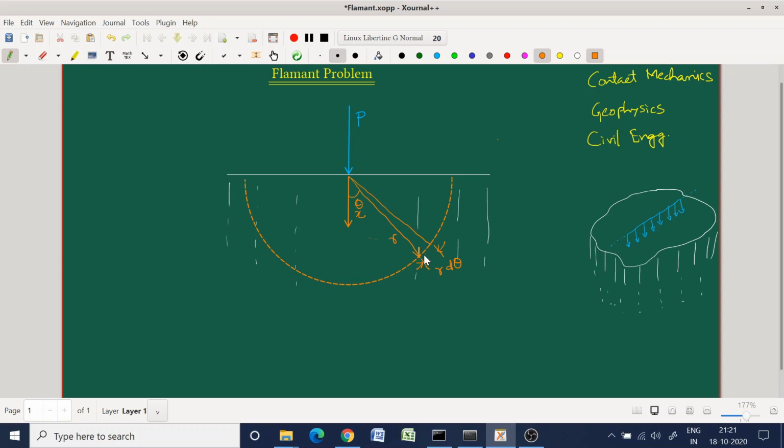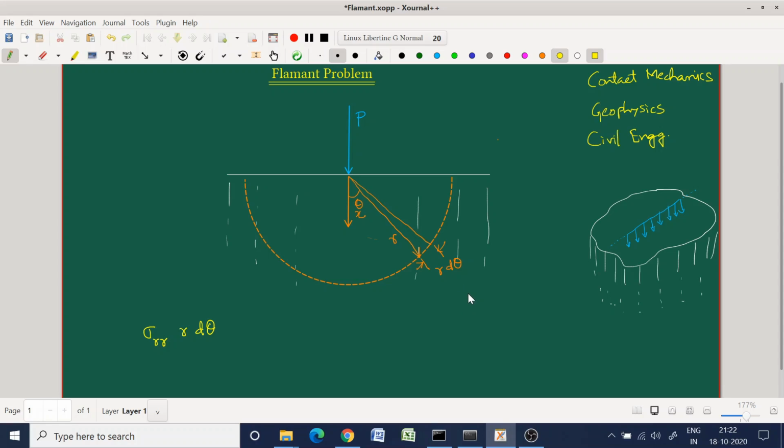Suppose you consider this little arc itself, so we'll have some kind of a sigma RR here. That sigma RR, when it is multiplied by the r d theta, it is going to give me, and of course you understand that there is a hidden unit length into the plane of the screen, but I'm not going to write that, so sigma RR into r d theta gives me the force in the radial direction.